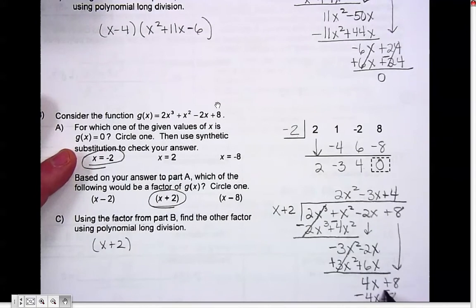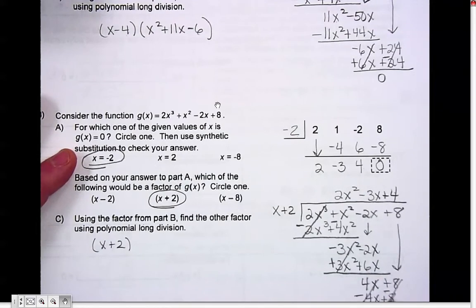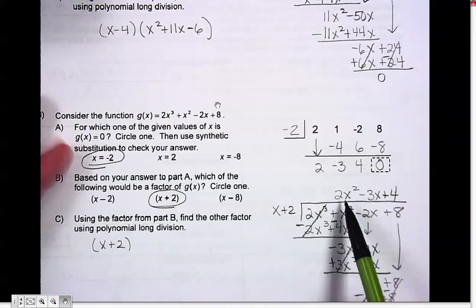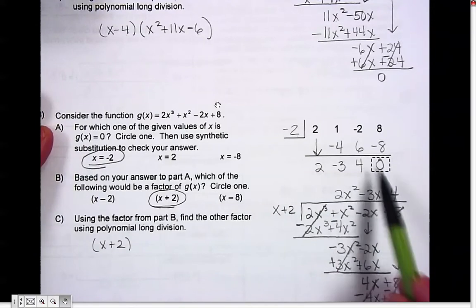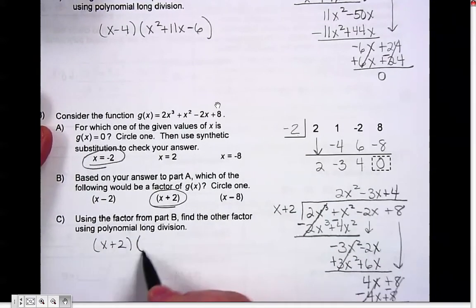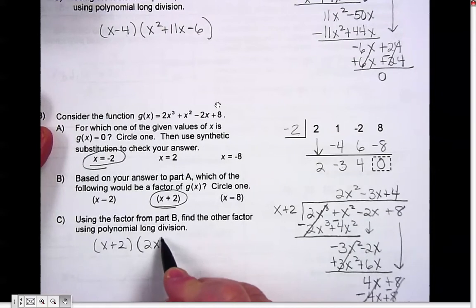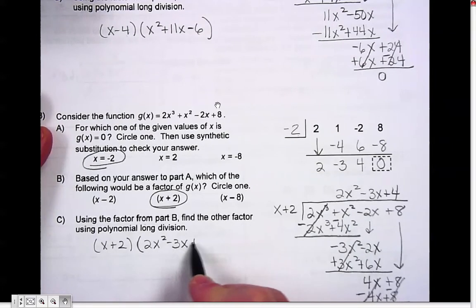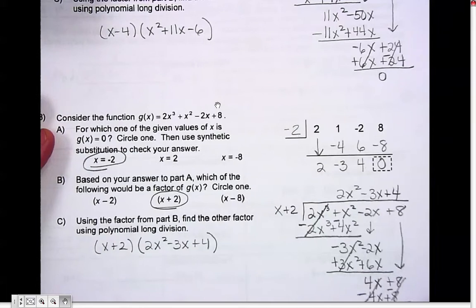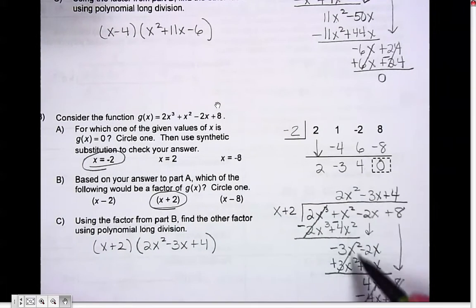Change the signs. Okay, and they do match up, 2 and negative 3 and 4. So we don't have to use long division. We can use synthetic division, which is a lot quicker than all of this work right here. Okay, so on the back, that's what we're going to do.